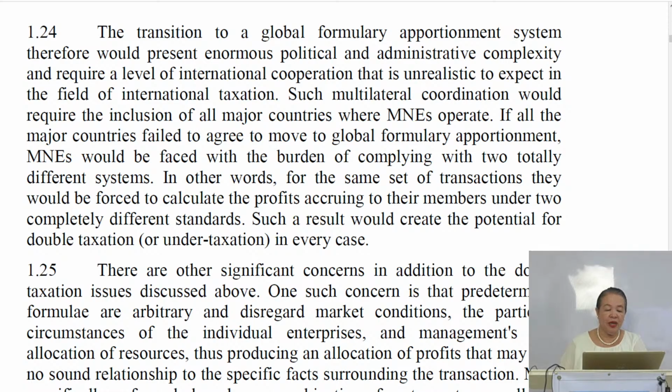If all the major countries fail to agree to move to global formulary apportionment, MNEs would be faced with the burden of complying with two totally different systems. In other words, for the same set of transactions, they would be forced to calculate the profits accruing to their members under two completely different standards. Such a result would create the potential for double taxation or under taxation in every case, no?